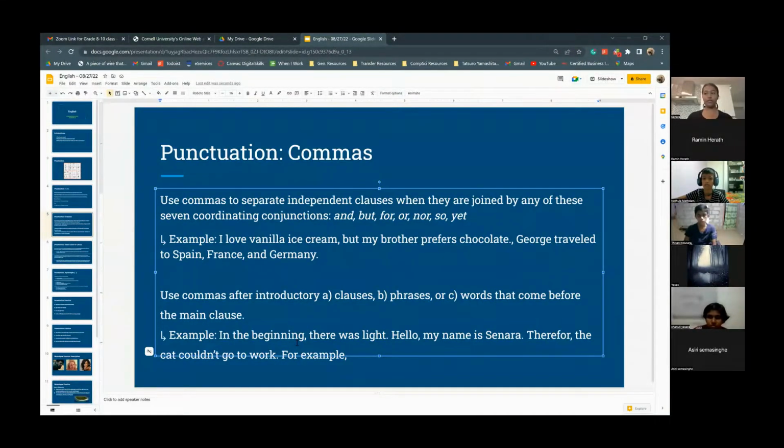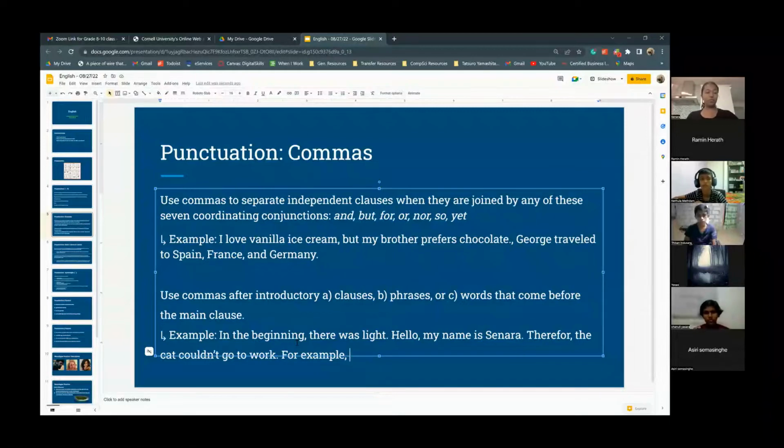Therefore is like an equivalent to because. So you could say, the cat was feeling really sick that day, therefore the cat couldn't go to work, something like that.